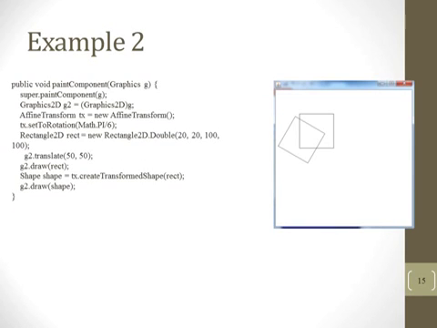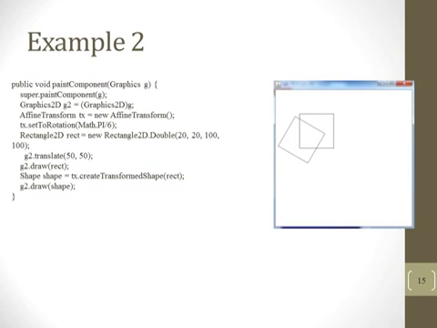Example: illustrate the effect of rotation on a rectangle. First, as before, we create an AffineTransform. Then we set tx to a rotation by pi over 6 using the method with pi over 6. We create the same rectangle as before, and then we translate the rectangle to position 50, 50, and then we draw the rectangle.